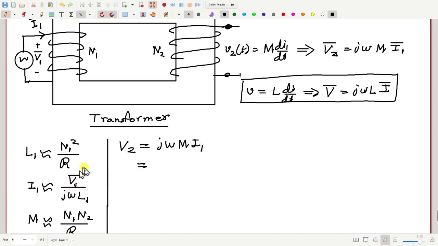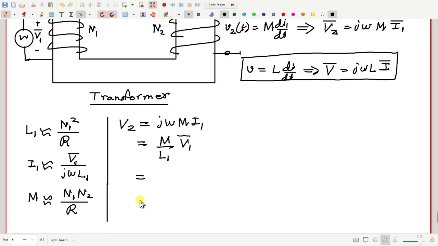If you put the value, what will you get? j omega cancels, M by L1 times V1 bar. And M is given here, L1 is given here. So if you put the value of M and L1, we get N2 by N1 times V1.